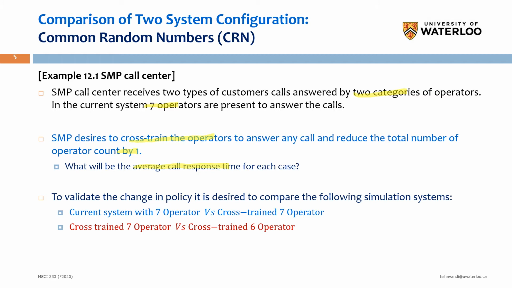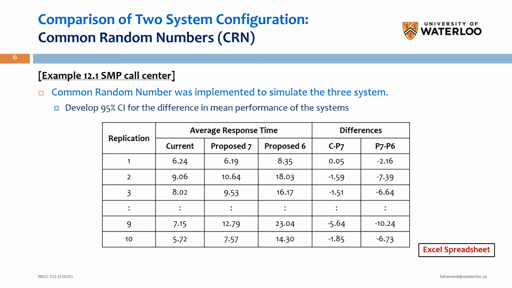To validate the change in policy, we need to consider two comparisons: the current system with 7 operators versus the cross-trained 7 operators, and the cross-trained 7 operators versus the cross-trained 6 operators. So we have three systems: the current system, the proposed system with 7 operators, and the proposed system with 6 operators.